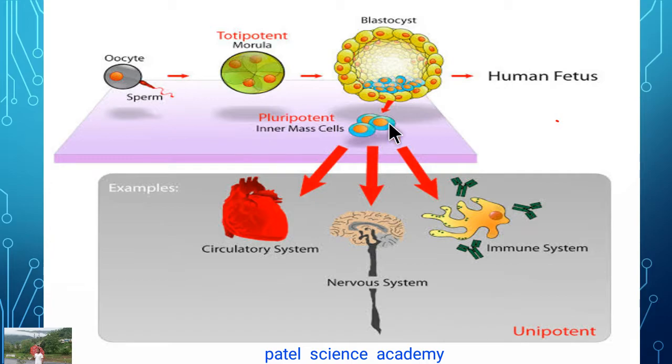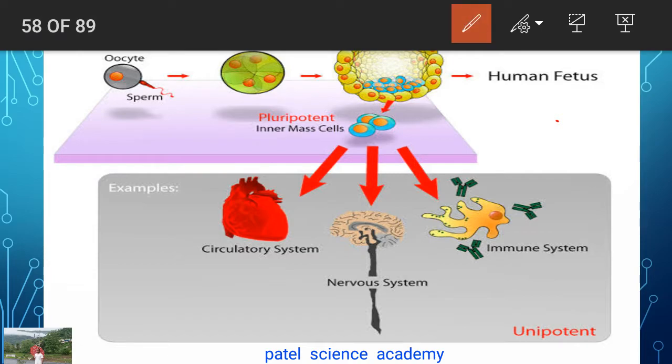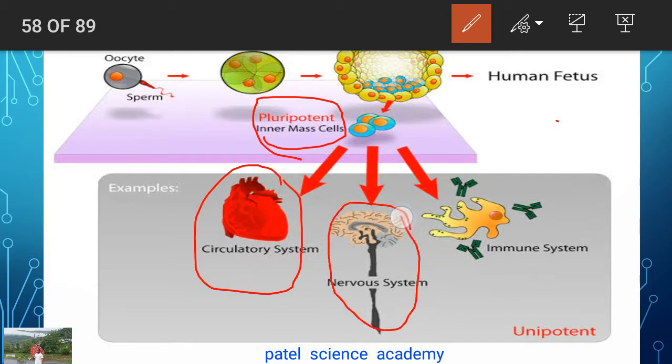And the inner mass of cells, this blue color cell, has pluripotent characteristics. Pluripotent means it can differentiate into the different organs too. Because this inner mass of the blastocyst has that characteristic, it may be converted into the circulatory system, or into the nervous system by developing a brain, by developing a heart, and it can be converted into the immune system to form antibodies and antigens.